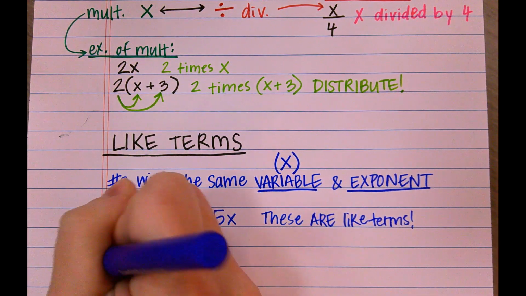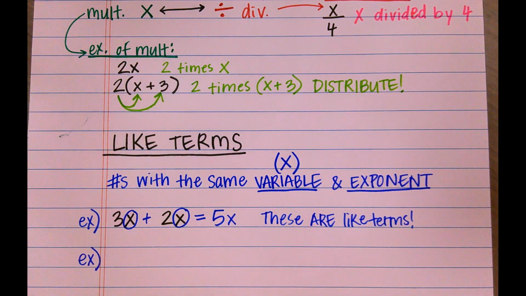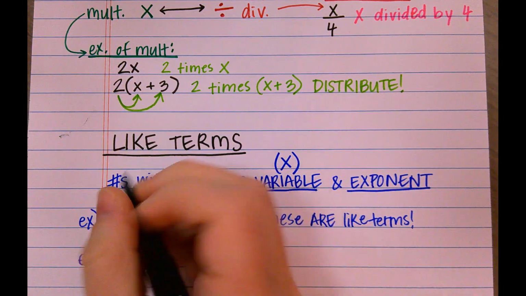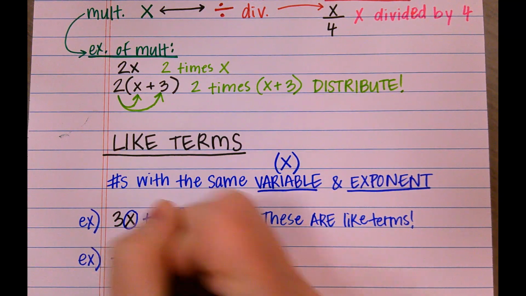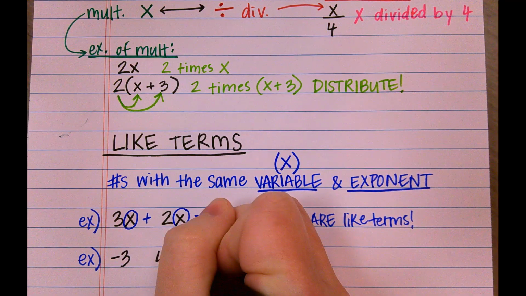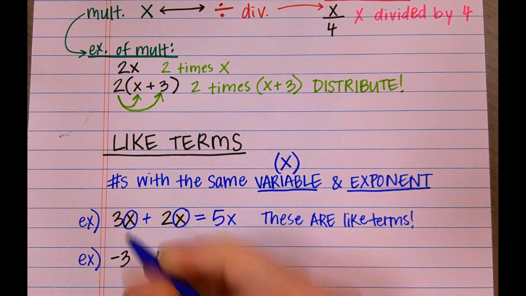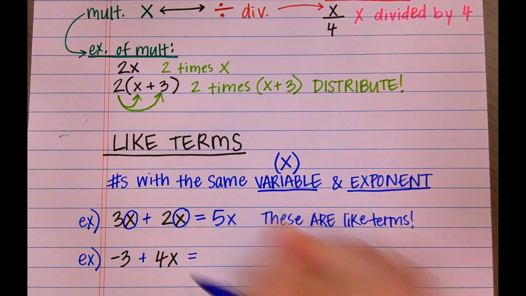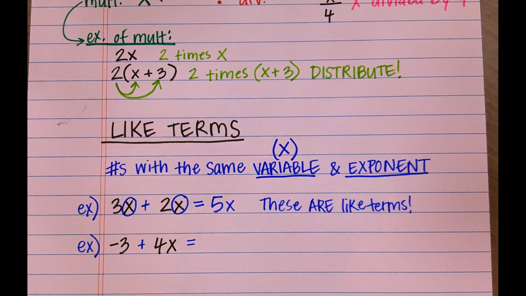But let me give you that example of not like terms. So if I had, like we said, negative 3 plus 4x, these are not like terms. Why not? Because the 4 has an x and the 3 is by itself.